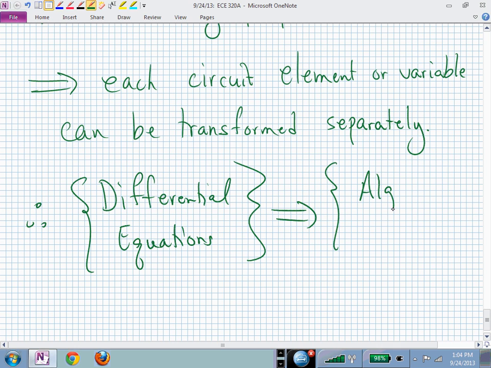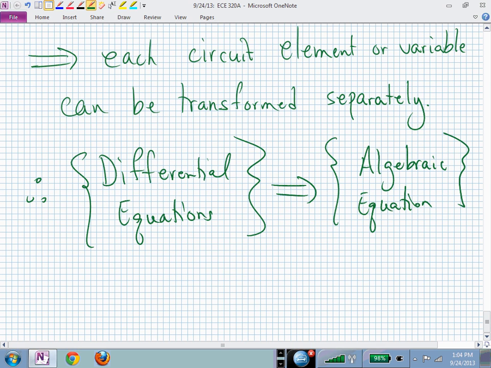But now we can simply go back to our algebraic days and manipulate algebra and solve differential equations by just doing some algebra and knowing how to go back and forth between the frequency domain and the time domain.